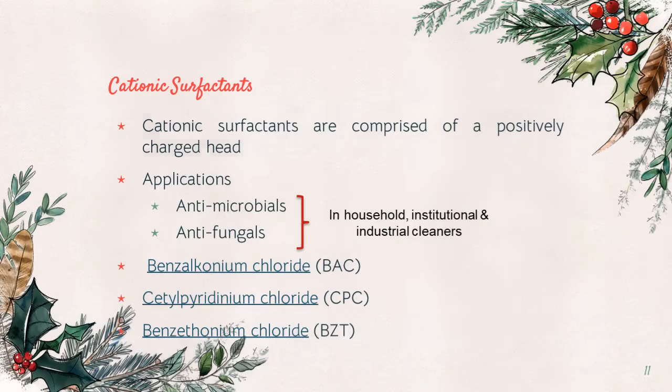Then, moving to cationic surfactants. As mentioned earlier, cationic surfactants are composed of a positively charged head. The majority of applications are as antimicrobial and antifungal agents. They are mainly used in household, institutional and industrial cleaning. Here I have given 3 major examples: benzalkonium chloride, cetylpyridinium chloride, and benzethonium chloride.